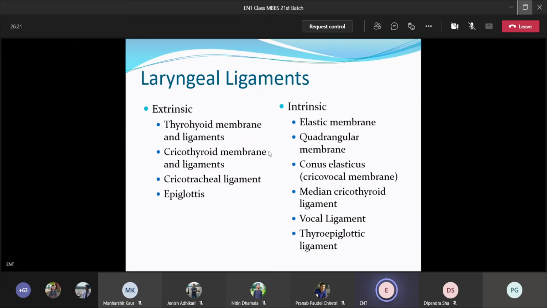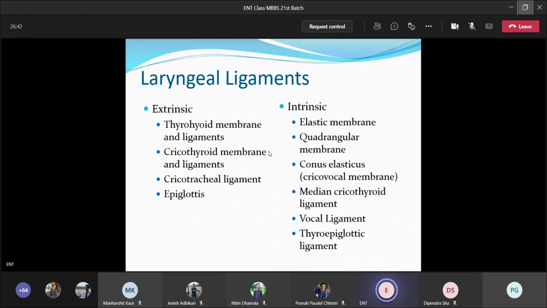The median cricothyroid ligament, vocal ligament, and thyroepiglottic ligament are also intrinsic ligaments of the larynx.